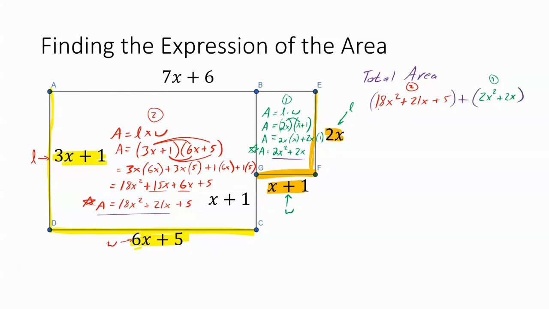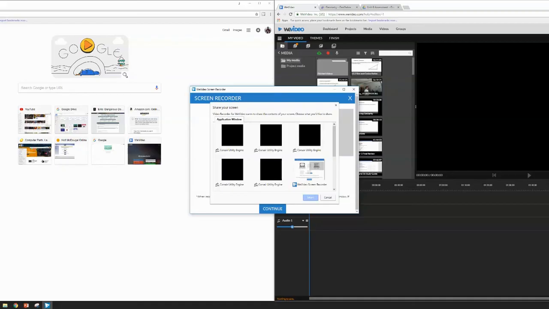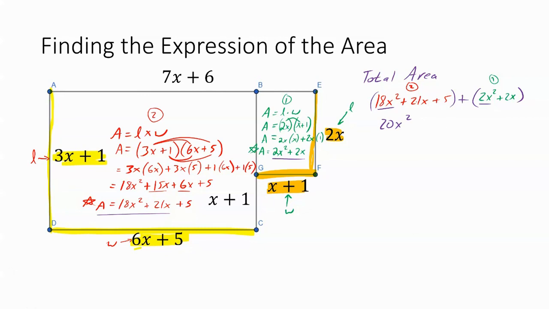Now, combine like terms, we can combine those two, right? And we'll get 20x squared, not 18, sorry. Because again, we're adding, so be aware of what we're doing there. 21x can be combined with 2x.